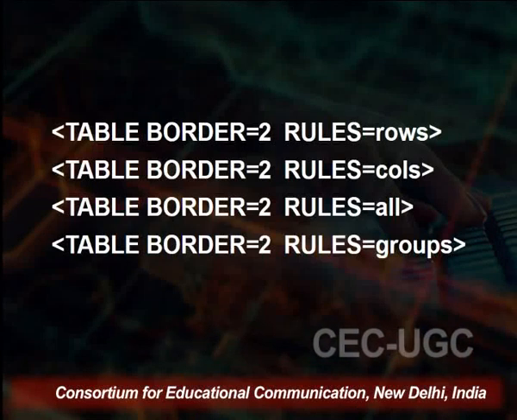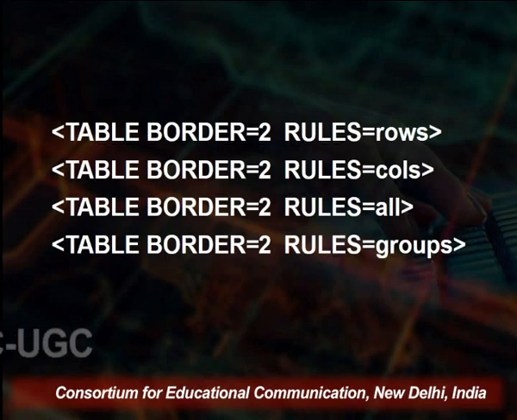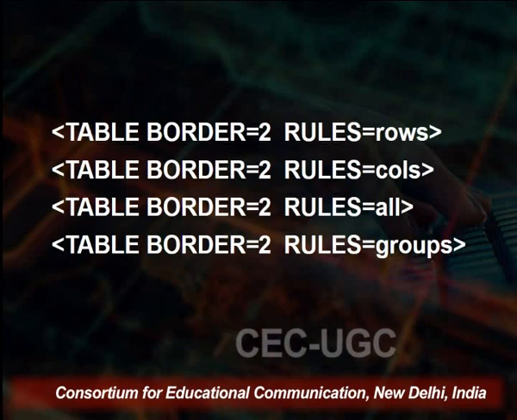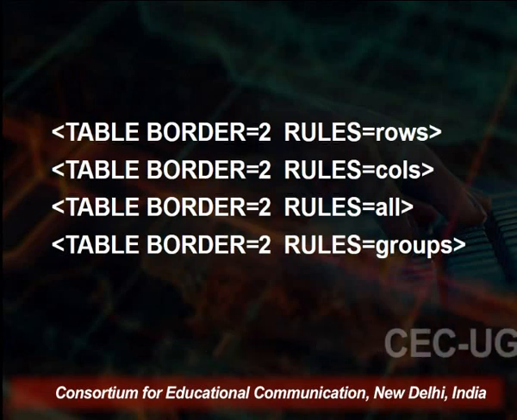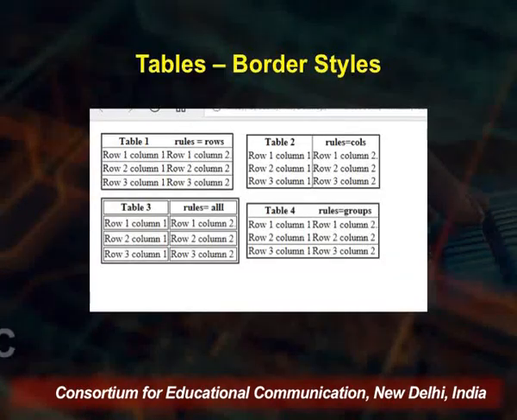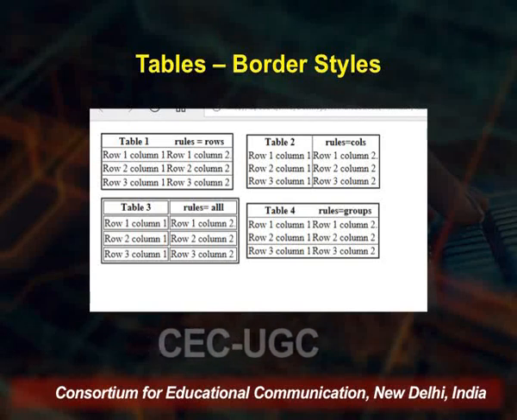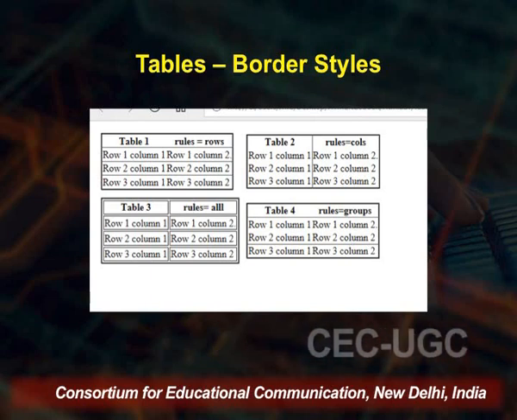You can see here you write table, then you define the border. Border equal to 2 means we are defining the size of the border, and then we write rules equal to rows. Rules equal to rows means that only the row wise borders, only the horizontal borders, are going to come.